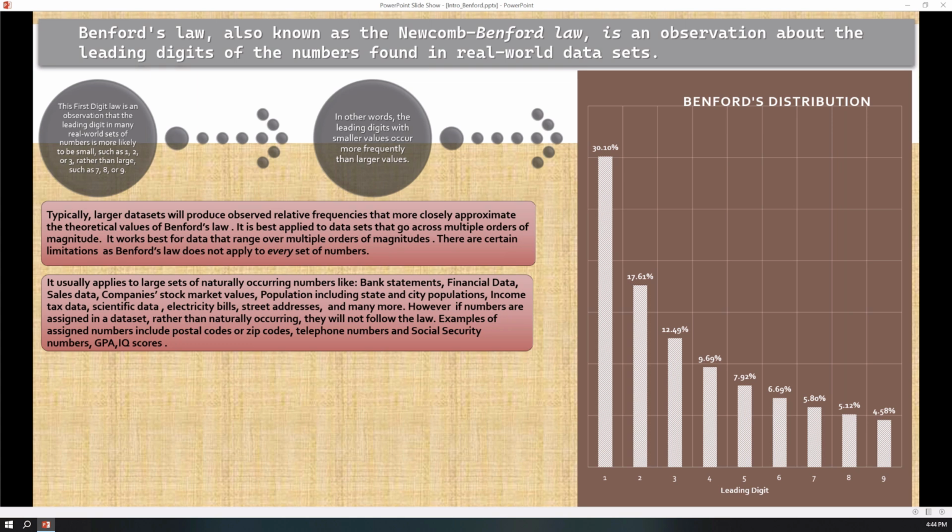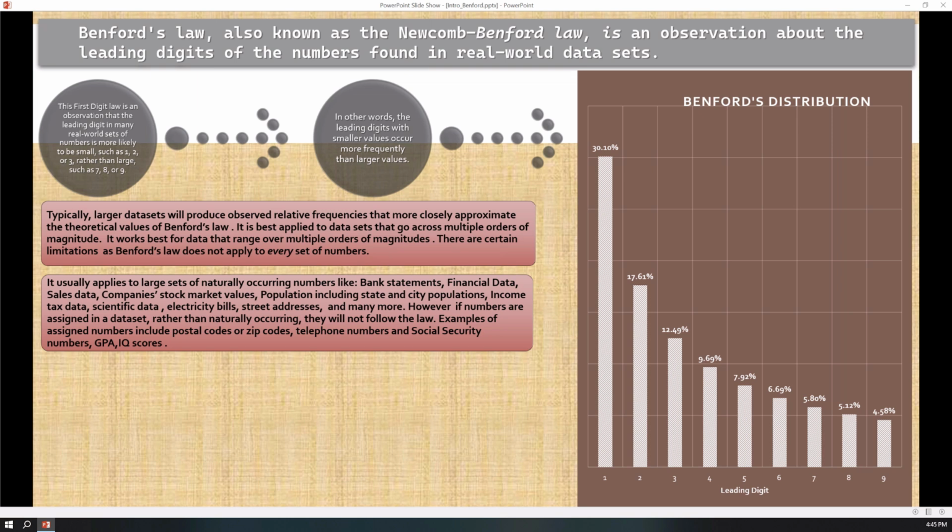However, if the numbers are pre-assigned rather than naturally occurring, like social security numbers, telephone numbers, or zip codes, we cannot test Benford's law on those kinds of datasets, because there is a threshold, right? There is a minimum and maximum, a lower bound and an upper bound.